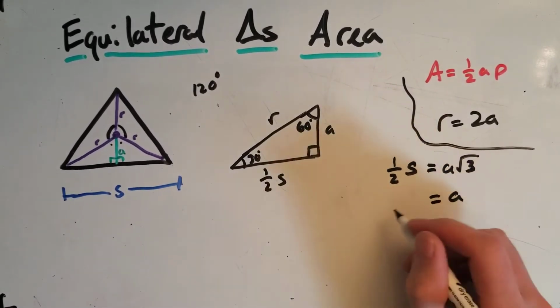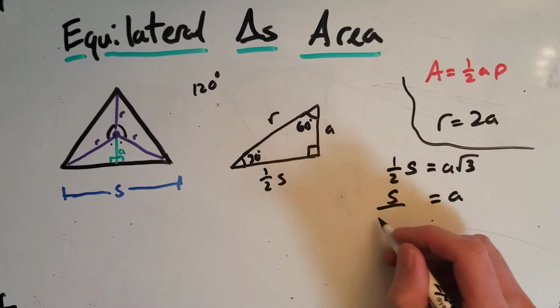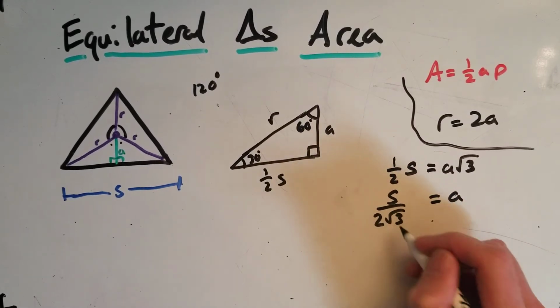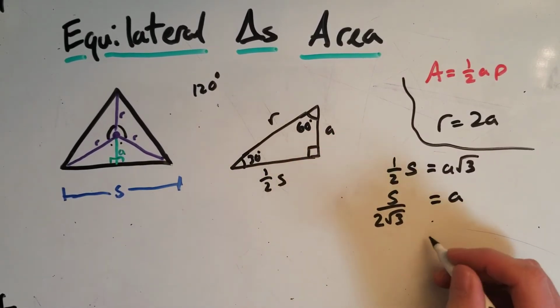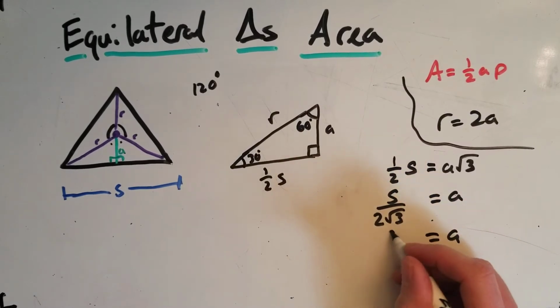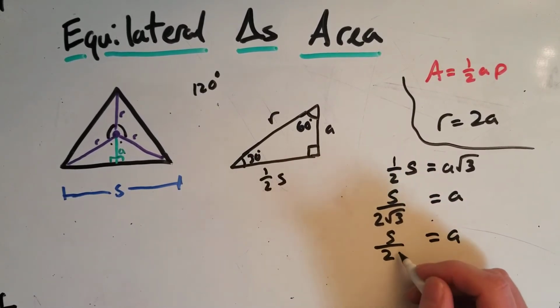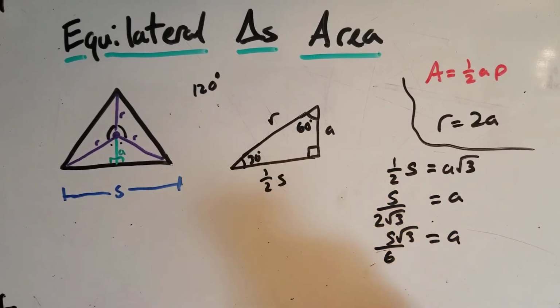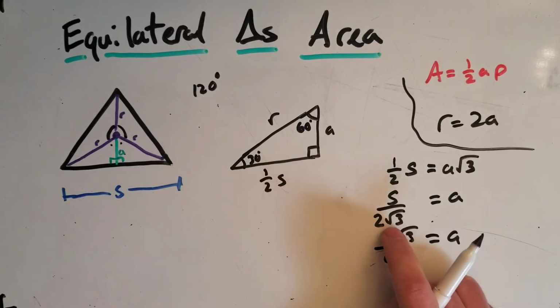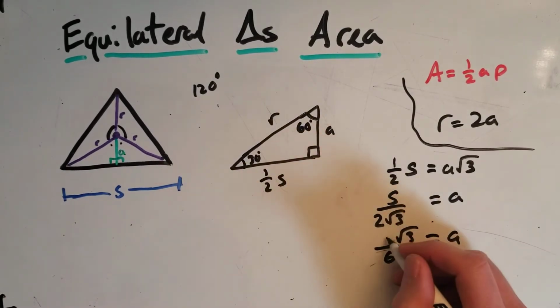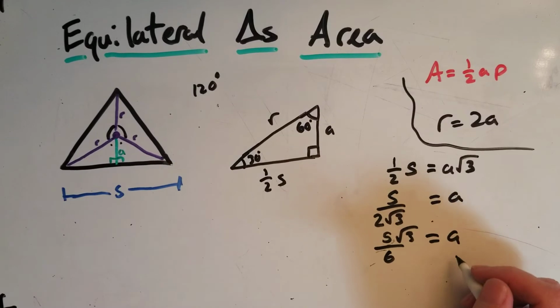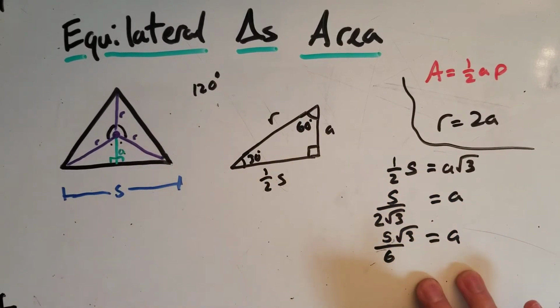So the apothem is equal to S over 2 √3. Then you can rationalize, and you're going to end up with S over 6, and we'll have √3 up top. So that's the relationship between the side and the apothem. The side times the square root of 3, all divided by 6, is equal to the apothem. Kind of messy, but that's their relationship. It's going to help us derive a nice formula.